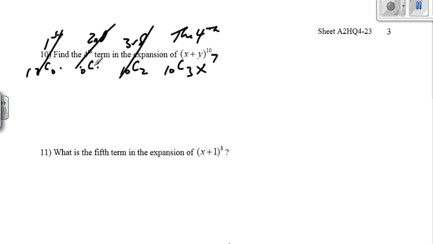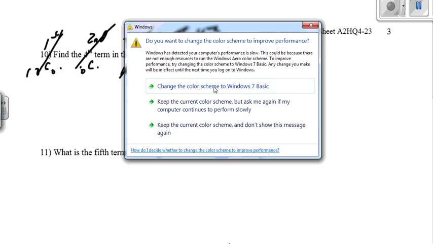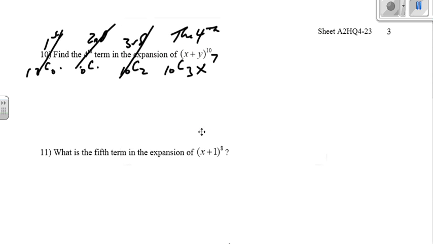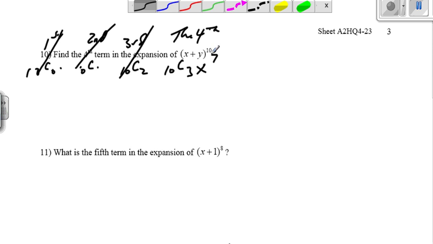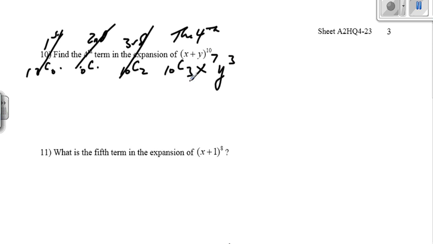Y to the 0, y to the 1st, y squared, y to the 3rd. So 10C3 is 120. X to the 7th, y to the 3rd. Now the one thing I want you to remember is this is the fourth term. We went one below it. 10 minus 3 is 7, and then it became that difference, 3.